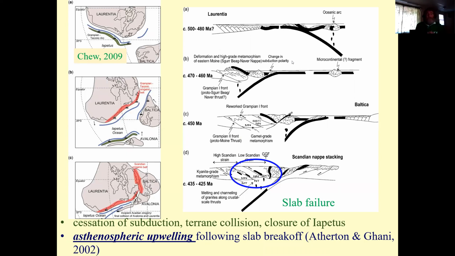this is the Choose model, but it's very like it. They are based on a wealth of studies on structure, metamorphism, and ages of magmatism that build up the evolution of this margin. And the early history of it is very much like what we know of in the Appalachians, with subduction away from the continental margin, an oceanic arc, which the continental margin is to collide with, subduction polarity.